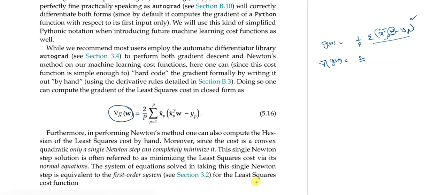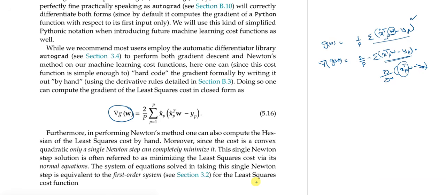That's the reason 2 by P sigma (x_p transpose w minus y_p) times the differentiation of this one, dou by dou w of (x_p transpose w minus y_p). So with respect to w, this part is 0. This is the leftover.